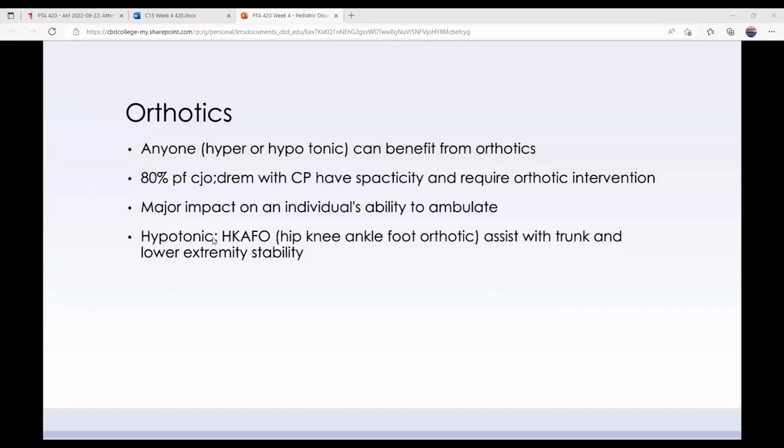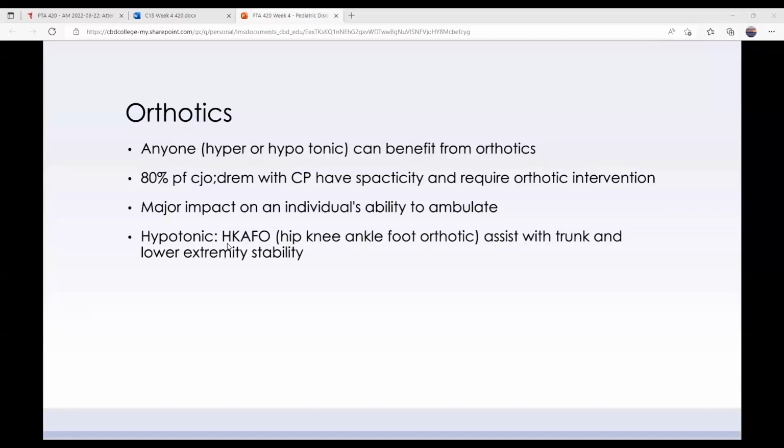Whenever anyone has an orthotic, the orthotic will help control the joint above. Right, so an AFO, remember we said it's for drop foot, but it can also help with what? Preventing recurvatum, right? So patients who have HKAFOs could have a spinal problem, spina bifida, and it could help these individuals, okay?